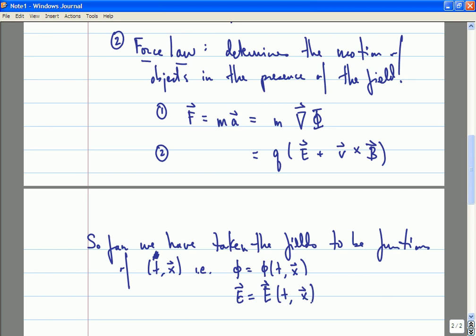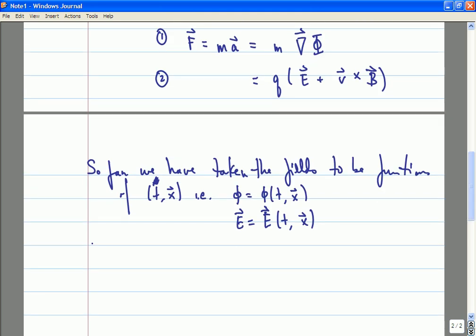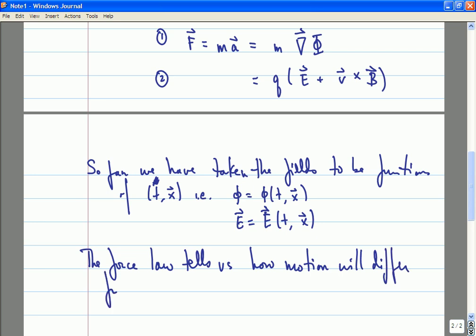And the force law tells us how motion will differ from that of a straight line in the presence of a field.